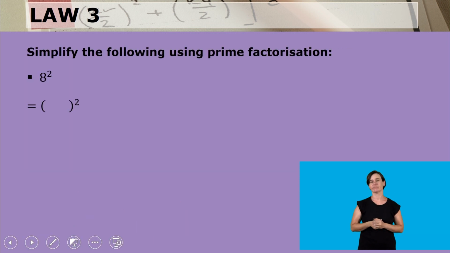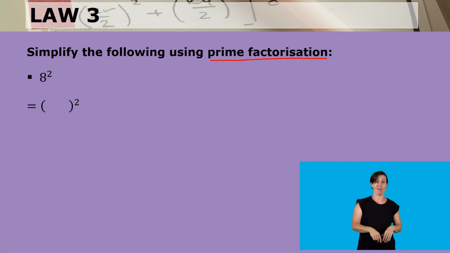Now let's look at some examples, and while looking at these examples, let's remember we can simplify our numbers by using prime factorization. Let's look at this first one here. We have 8 squared. Now we know that 8 squared can be written in exponential form, prime factorization, as 2 exponent 3.